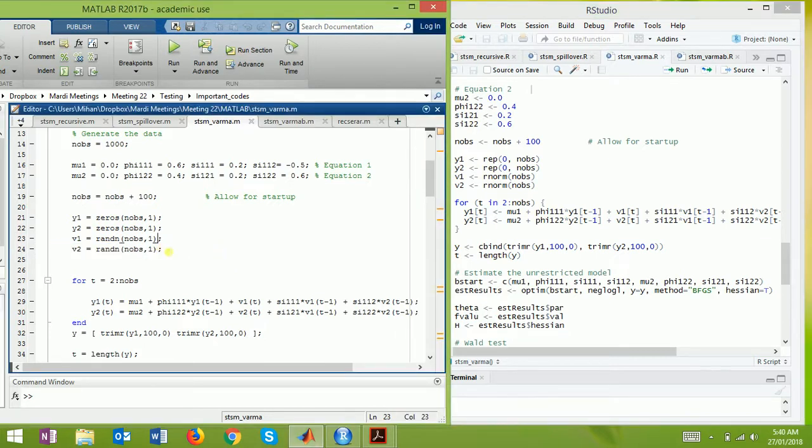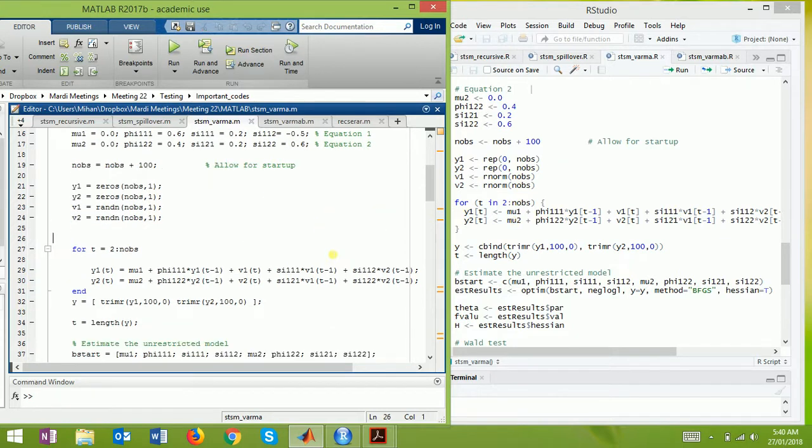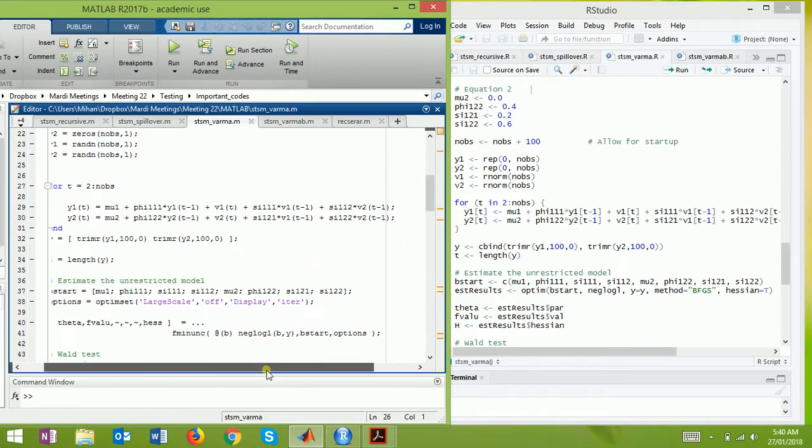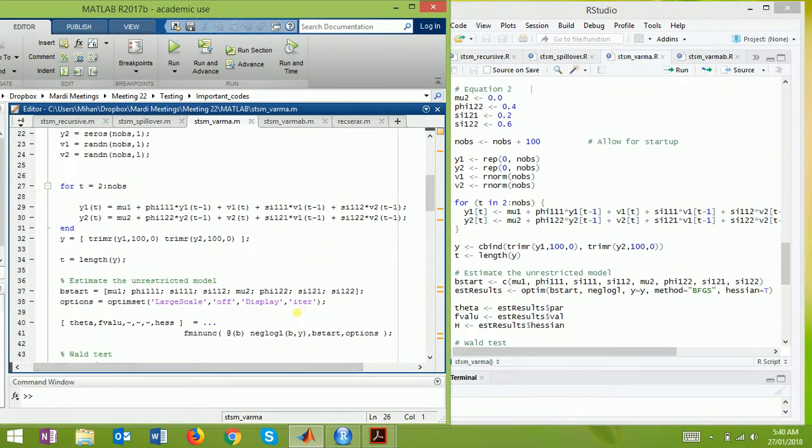And now we will use v1, v2 to simulate y1, y2, and so we store our simulated data: zeros, number of observations, 1. So replicate 0, number of observations times. So for t equals 2 to number of observations, because indeed our y will start from 2, remember t equals s plus 1, s equals 1.